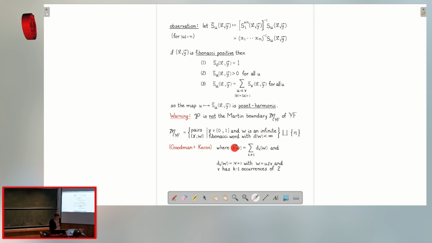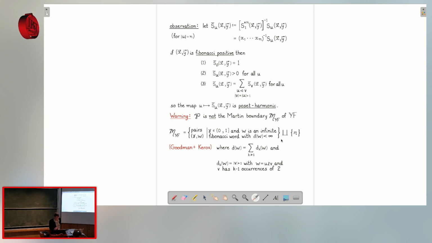Here d(w) is the sum of the positions of the twos. Every 2 has a position: d_k of w is the position of the kth occurrence of 2 in w.